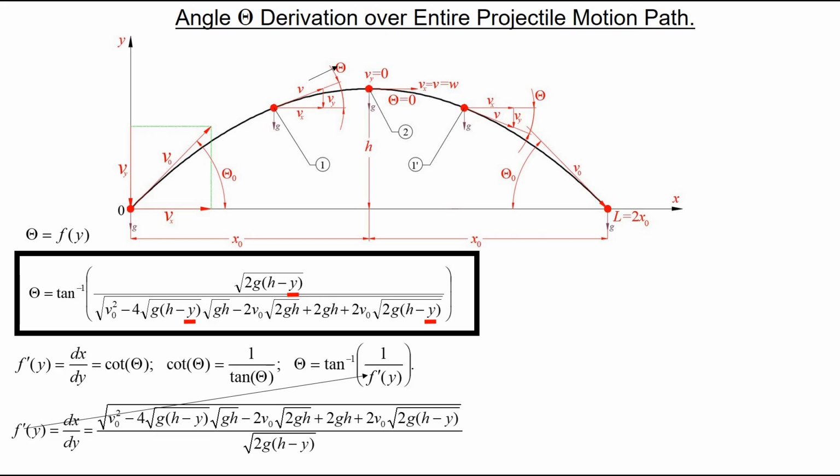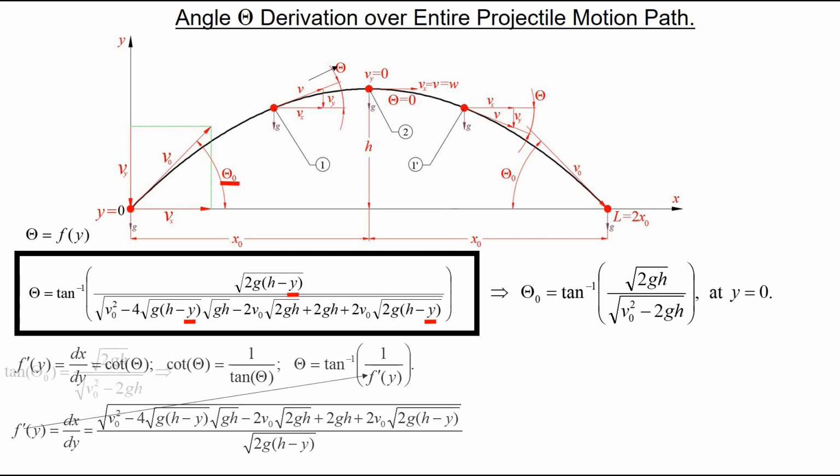At point y equals 0, we have an initial angle theta 0 of a projectile projection with the x-axis. Thus, the initial angle is defined by such expression. From this equation, we can express the maximum height h from the initial angle value by converting our tangent function into a sine function.